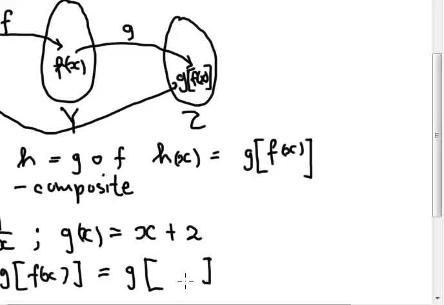Now, what am I going to throw in there? I'm going to throw the expression for f altogether, which is going to come in there as 1 over x.